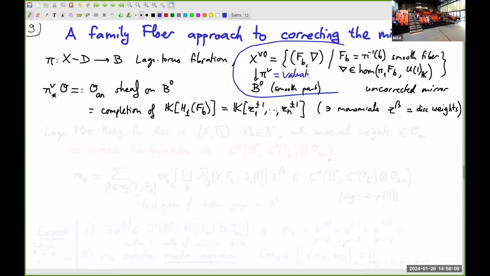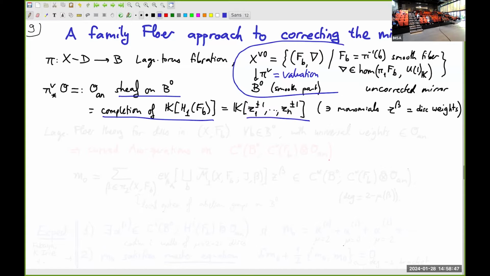This pi check is basically the valuation locally. I have pieces of (k star)^n, and I have a valuation map to a piece of R^n, which are like affine coordinates on B. And so this pushforward of analytic functions is basically going to define a sheaf on B0 which, locally, is built like some completion of Laurent polynomials in these variables z1 through zn, in which the weights are monomials.